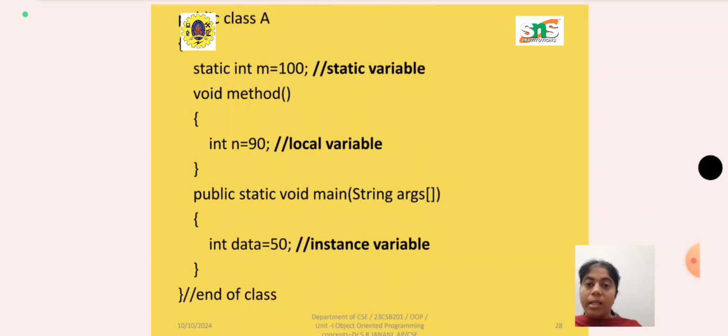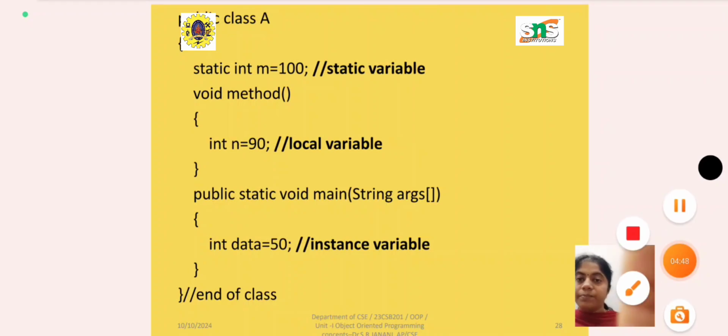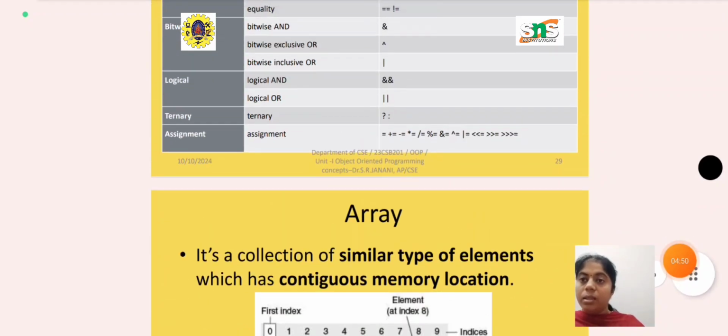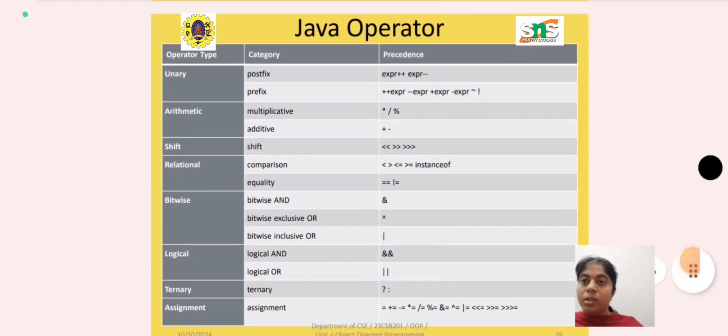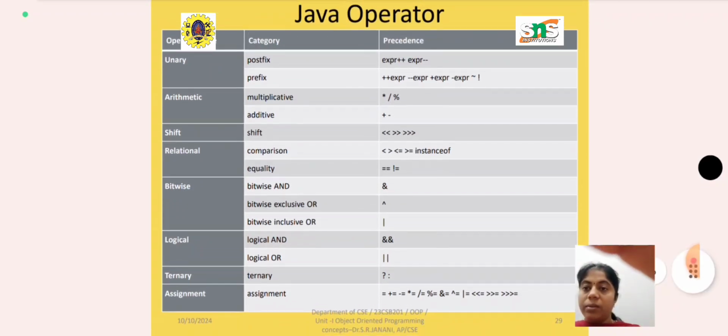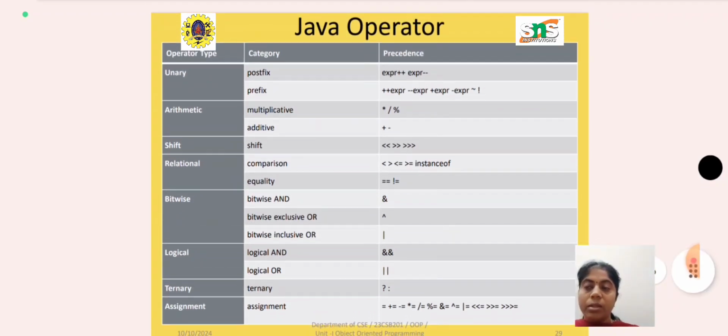So these are the three types of variables, and now we will see about operators. In Java, we have these types of operators: unary, arithmetic, shift, relational, bitwise, logical, ternary, and assignment operators.